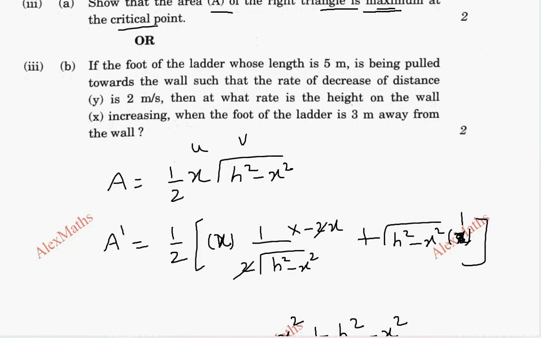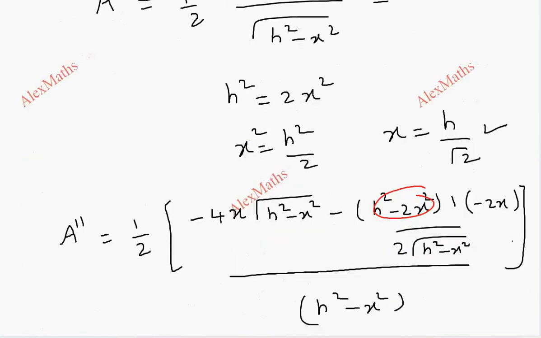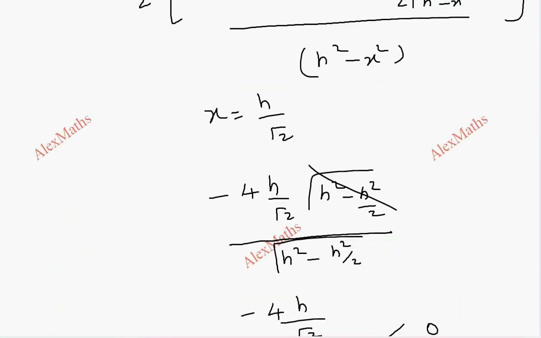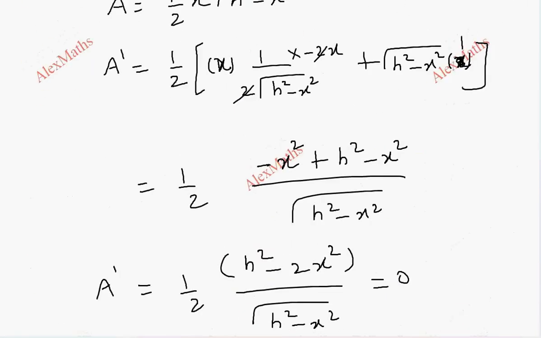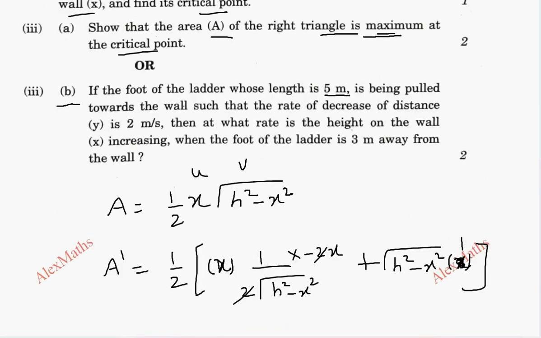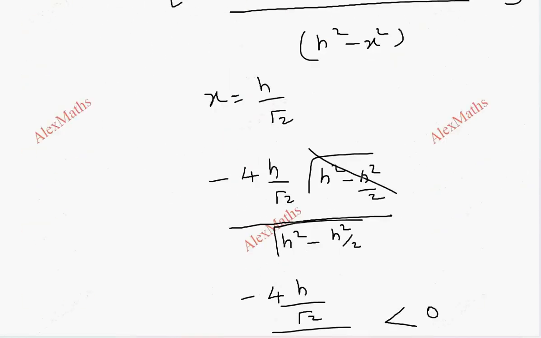Now coming to the third subdivision B part, the foot of the ladder whose length is 5 meter. So we took it as y. The foot of the ladder is being pulled towards the wall such that the rate of decrease in the distance y, so dy by dt is 2 meter per second.